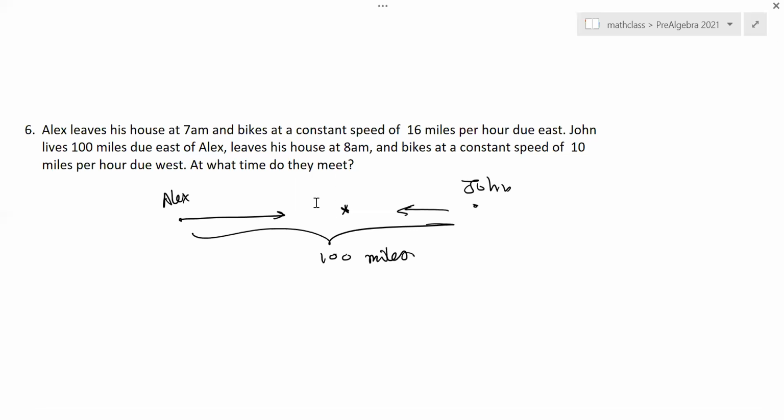Can anyone quickly solve the problem? At what time?